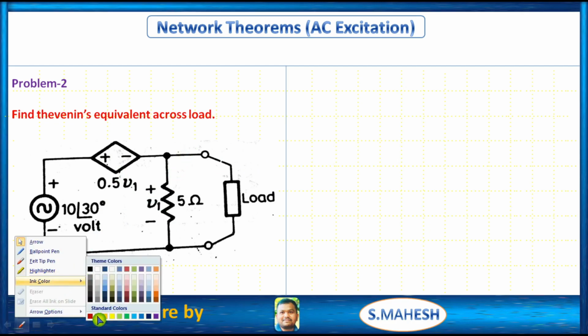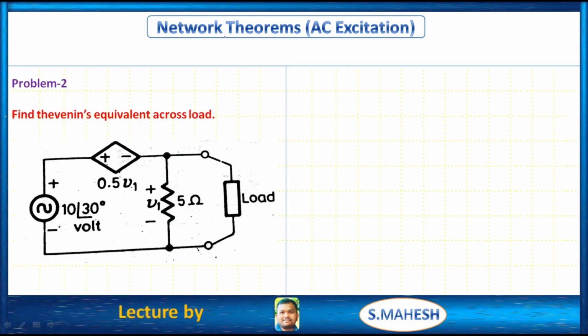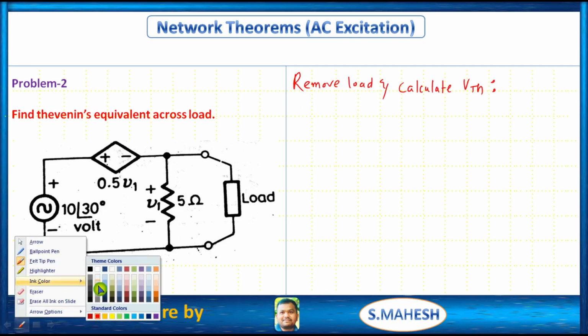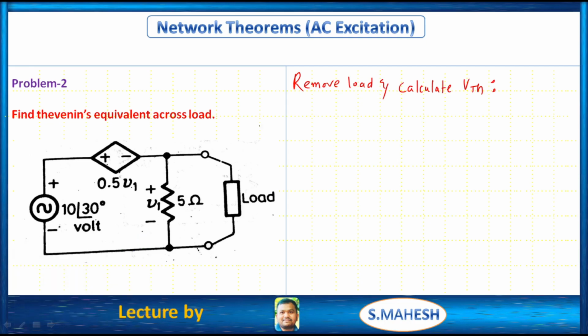What are we doing first? Remove the load and calculate VTH. This is the first step. After removing the load, this looks like a simple loop circuit.